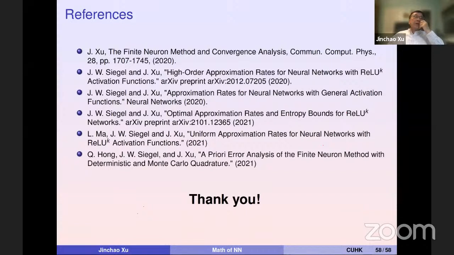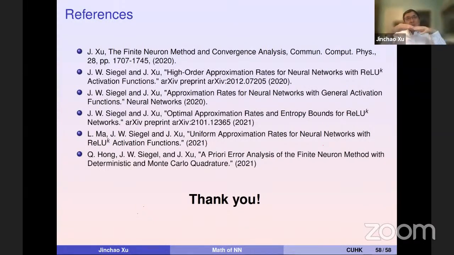And again, I have this ReLU to the k's power. If you raise the power of k, it becomes smoother. And you can see the rate of convergence I provided for the shallow neural network. That's the optimal convergence rate for the stable neural network function.